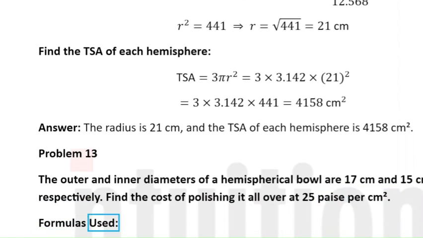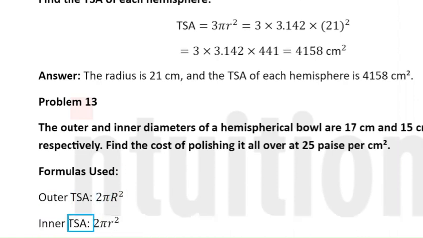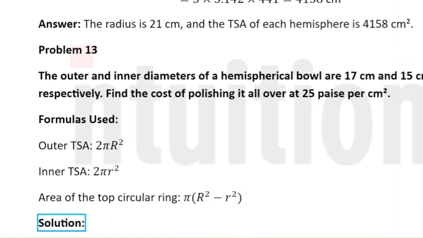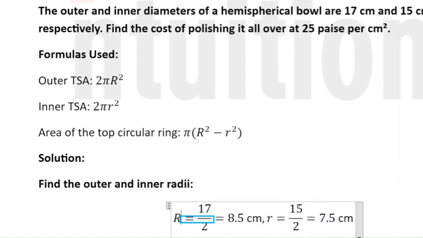Formulas used: outer TSA 2 pi R squared, inner TSA 2 pi r squared, area of the top circular ring pi (R squared minus r squared). Solution. Find the outer and inner radii. R equals 17 halves equals 8.5 cm, r equals 15 halves equals 7.5 cm.